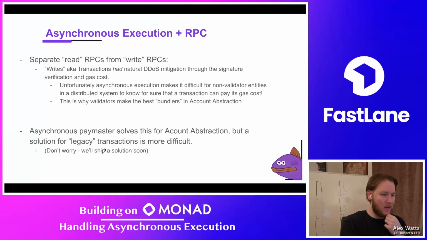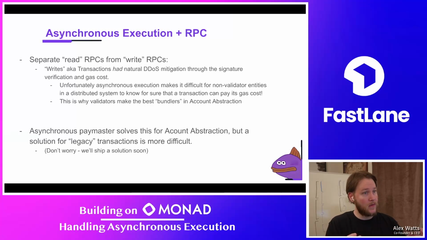And so one of the things that we're interested in doing in the future is having a load balanced way of handling writes, because that's relatively easy to do from a network standpoint. You can just verify a signature. This is how you prevent double spend, etc. But if we are downstream from the validator, we don't always have the most recent information because of asynchronous execution.